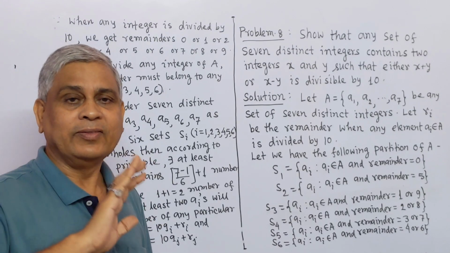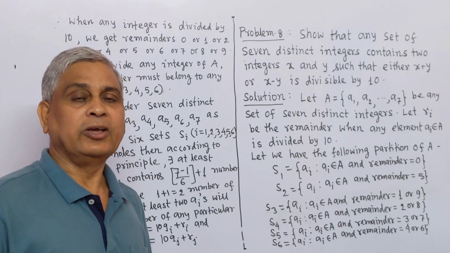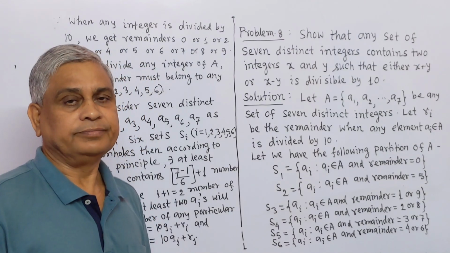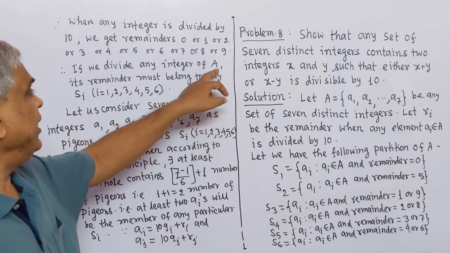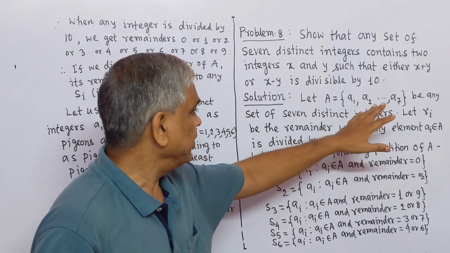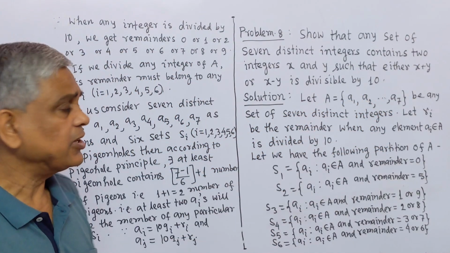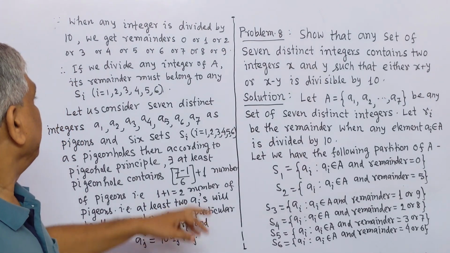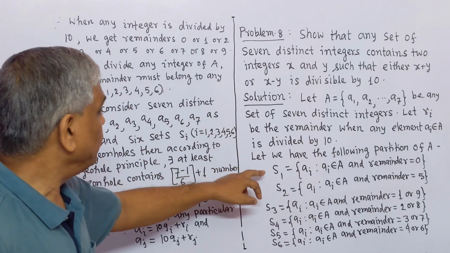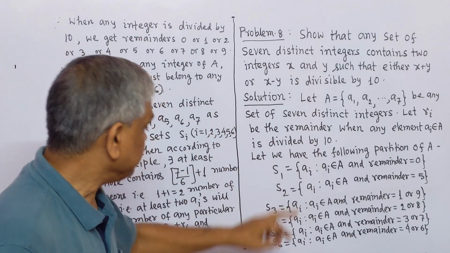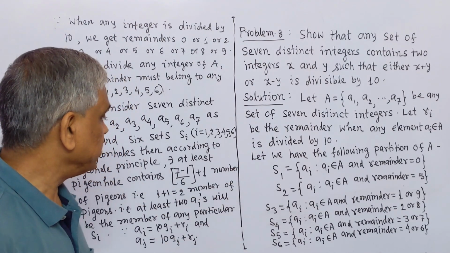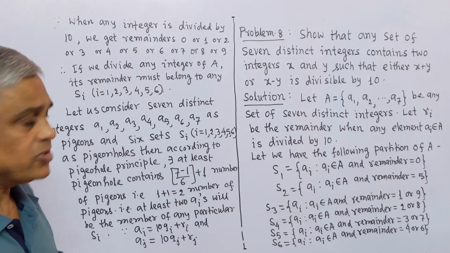Only these are the possible remainders when any integer is divided by 10. If we divide any integer of A, here a1, a2, a3, a4, a5, a6, a7, then its remainder must belong to any one of these Si, meaning S1, S2, S3, S4, S5, S6.